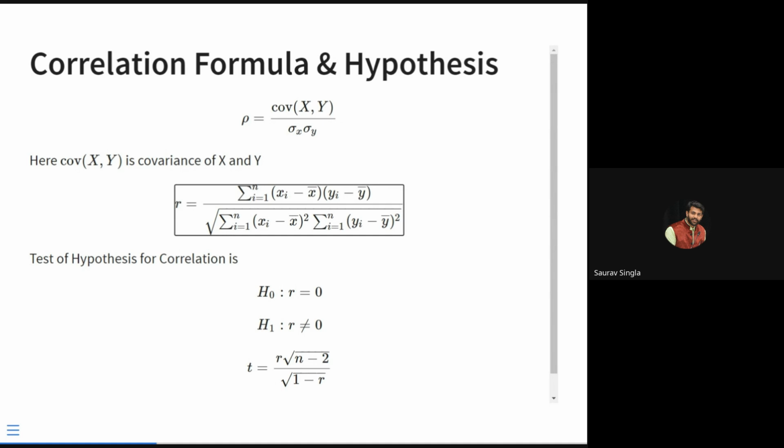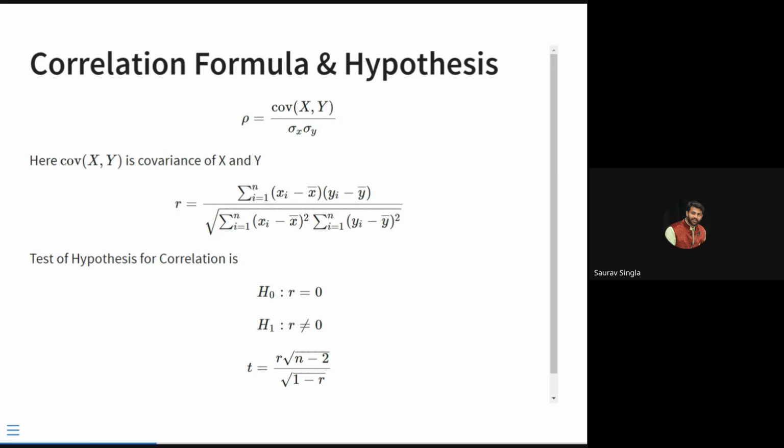So covariance will also quite sufficiently tell us whether these two are related or not. If the covariance value is quite high, that means there is a relationship between x and y.